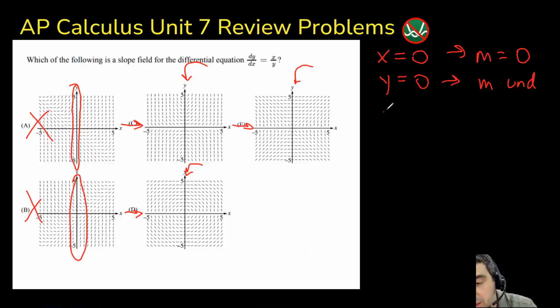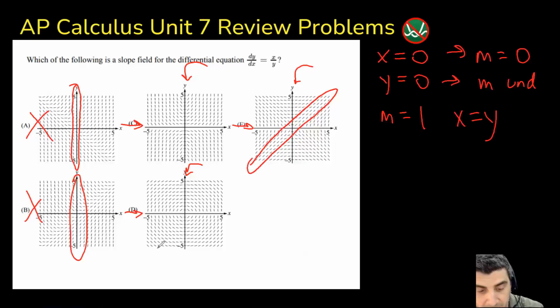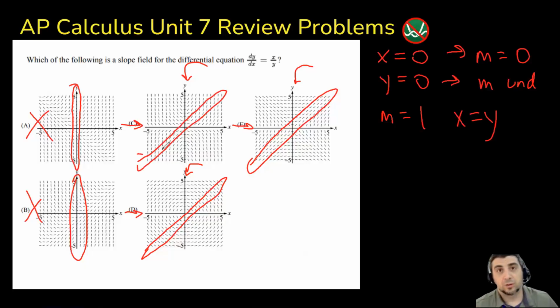Well, we know that the slope is going to be 1 when x equals y. So if we look along the line x equals y, or y equals x, we should have slopes of 1. That would be along this line right here, this line right here, this line right here. Only choice E has slopes along that line that are equal to 1.